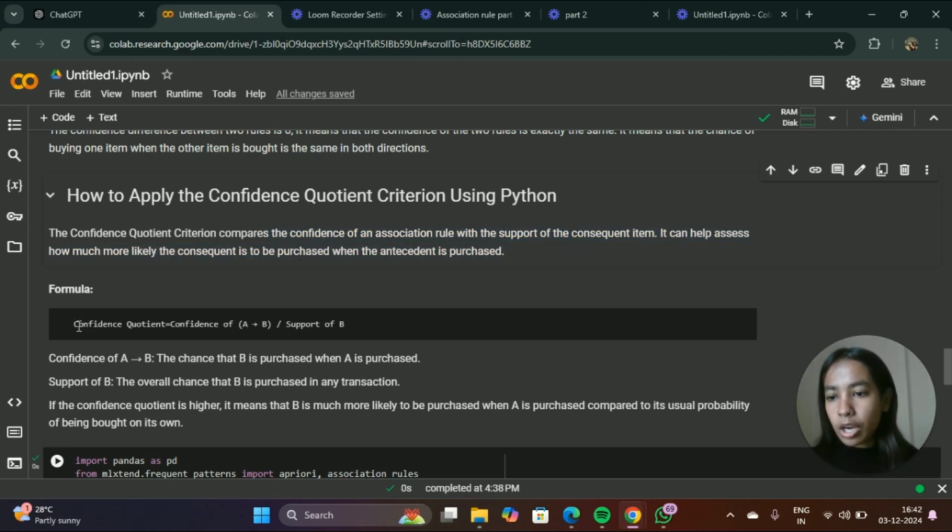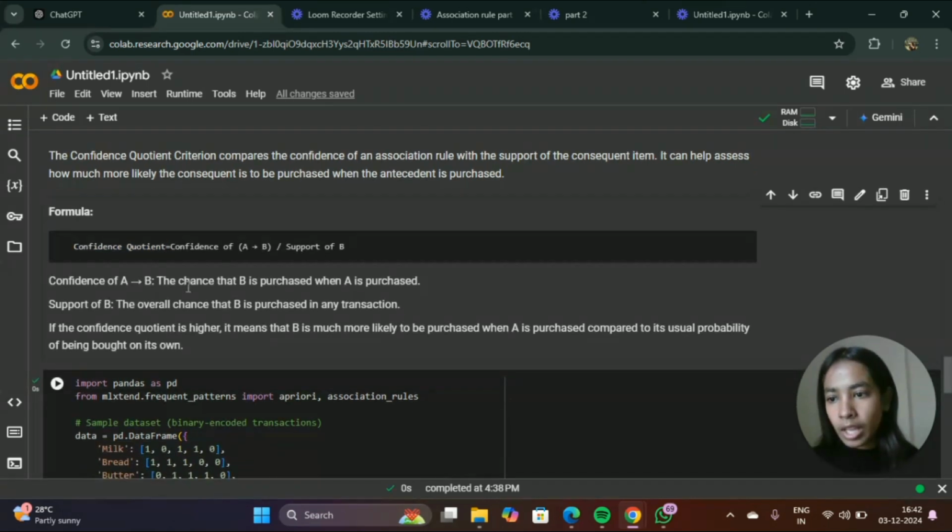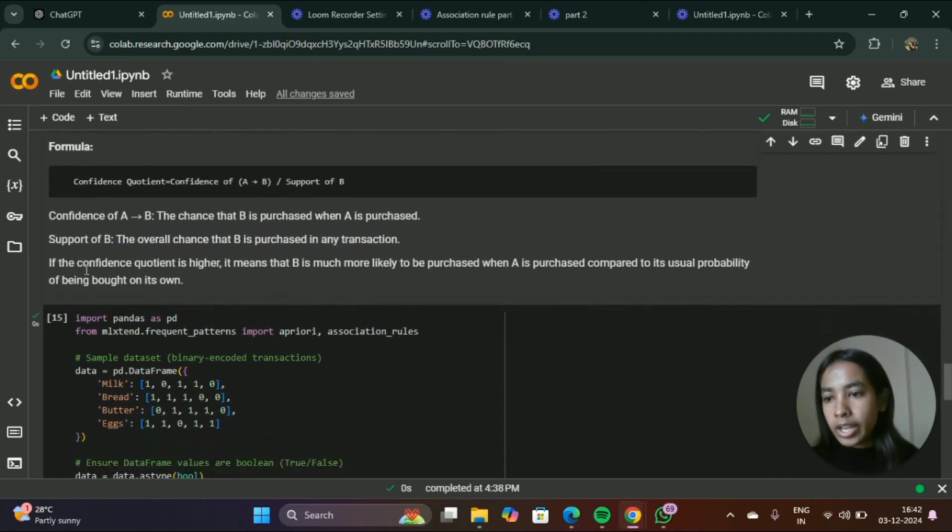The formula for the confidence quotient is confidence of A to B divided by support of B. Confidence of A to B is the chance that B is purchased when A is purchased. Support of B is the overall chance that B is purchased in a transaction. If the confidence quotient is higher, B is much more likely to be purchased when A is purchased compared to its usual probability.